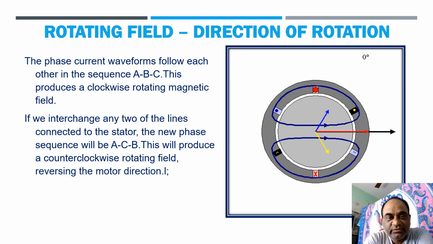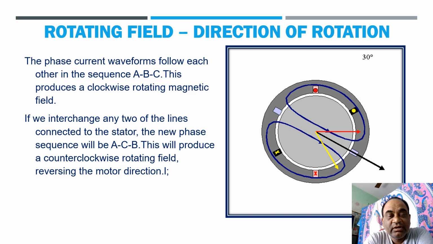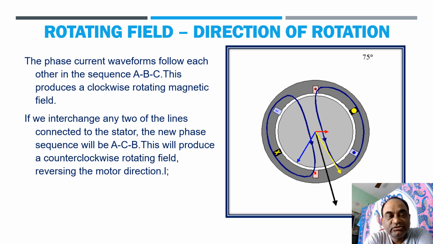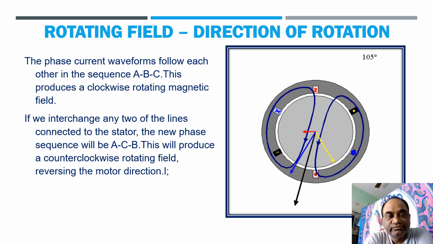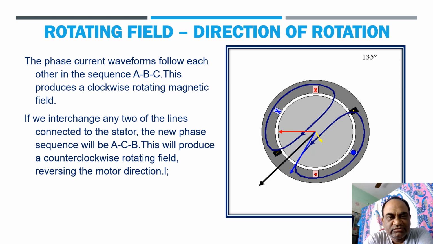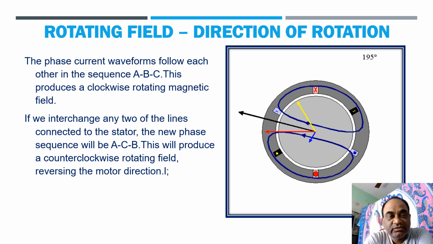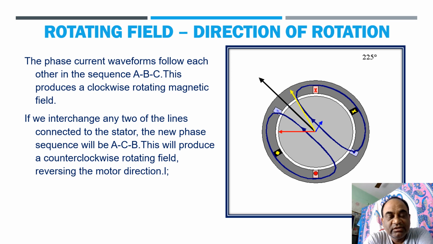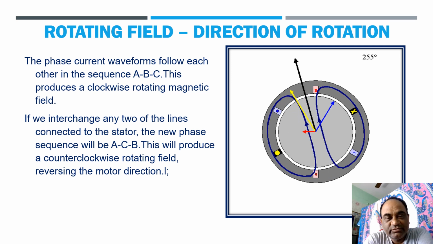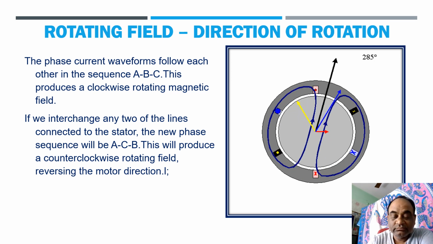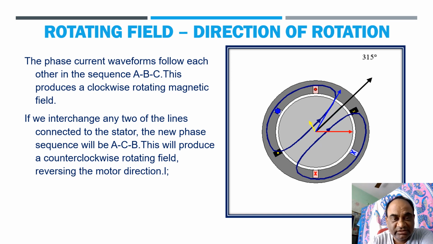So if you want to reverse the rotation of the three-phase induction motor, you just have to interchange any two phases, and that you have to do on the stator side.